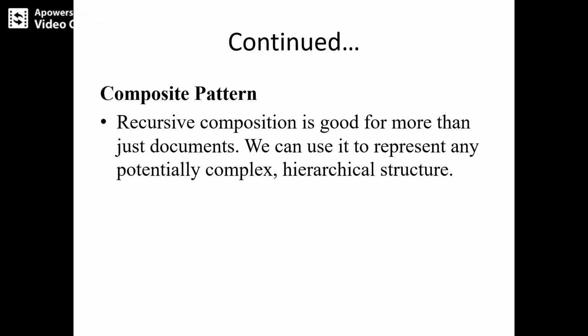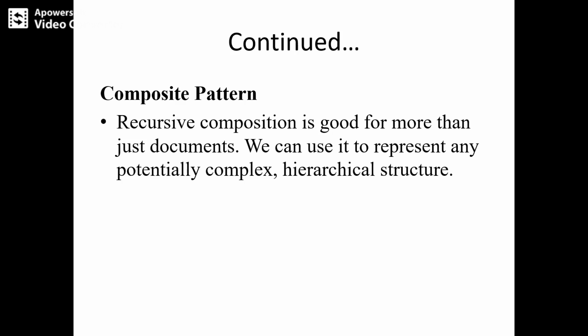Continuing with the composite pattern in the document structure, recursive composition is always good for more than just documents. Whenever we have more than one document, we will always go with recursive composition, which is better and takes the complete design pattern.